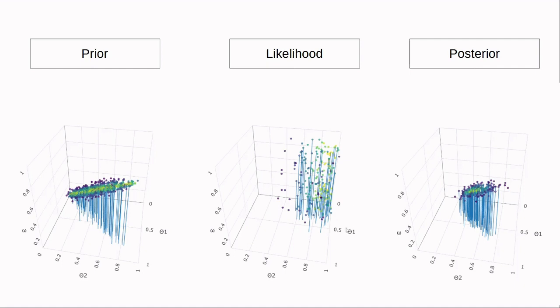What we can see here is essentially this cylinder of data where we have high density. This cylinder has low values of theta 1, because we remember that not many of the patients in group 1 got healed, and rather high values for theta 2, because many of those patients got healed.